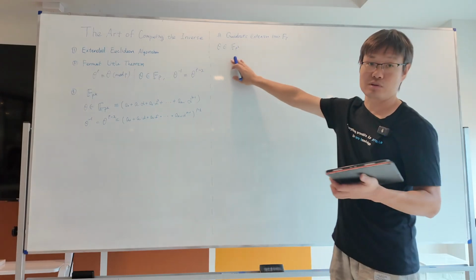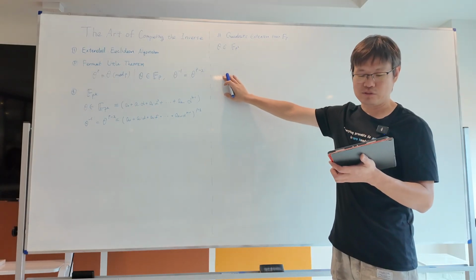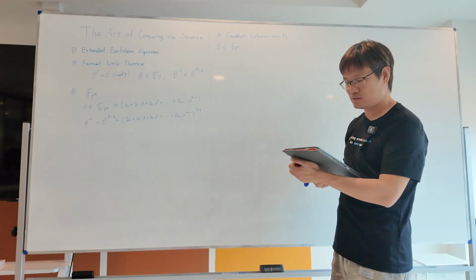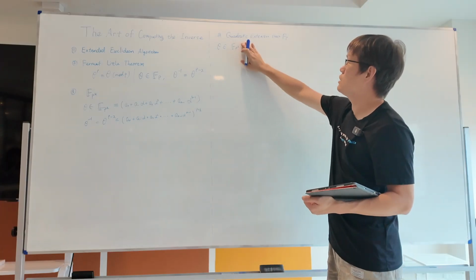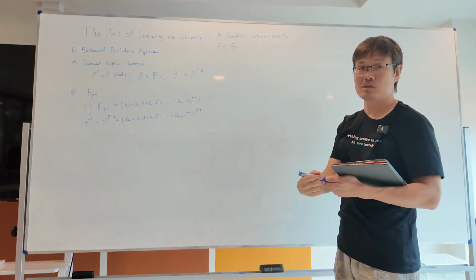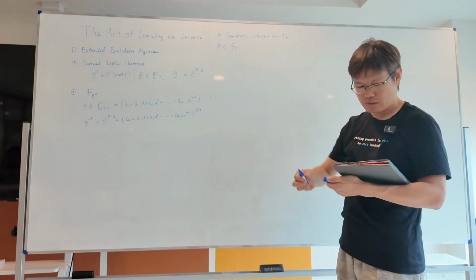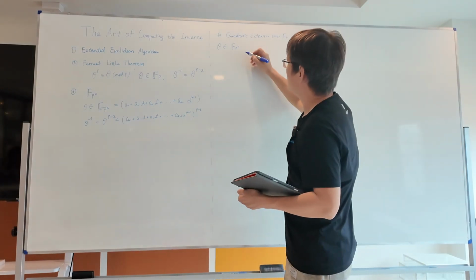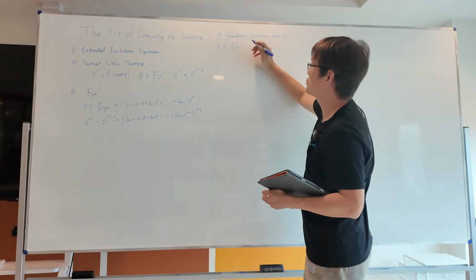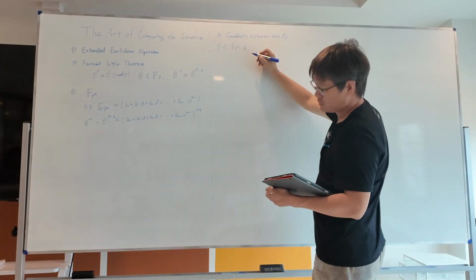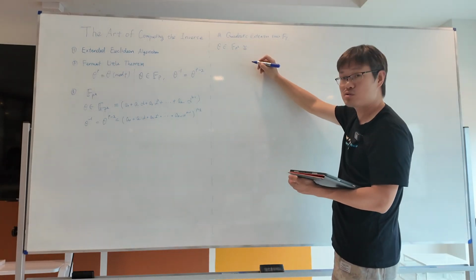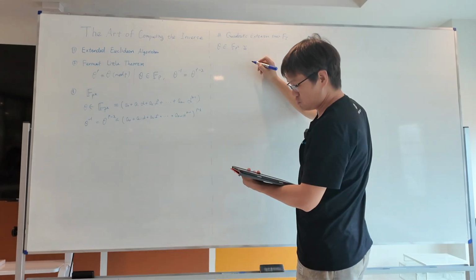Here is a similar example, where we simplify the case. We only have a quadratic extension, and F_p squared can be constructed by an irreducible polynomial.